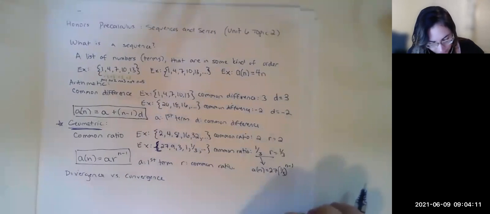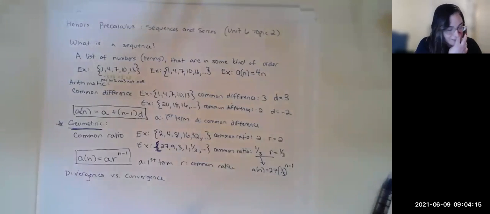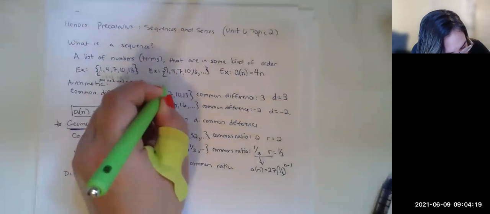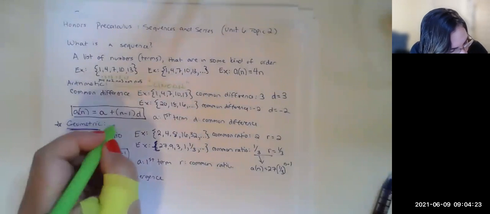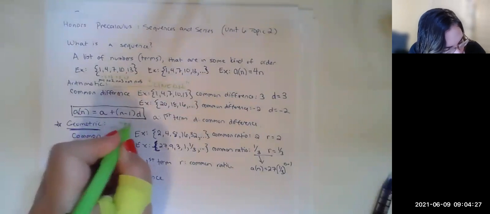And the analogy for, we talked about how arithmetic sequences, you can think about them as sort of like linear functions. Okay. For geometric, those are sort of more like they follow a pattern of exponential functions.